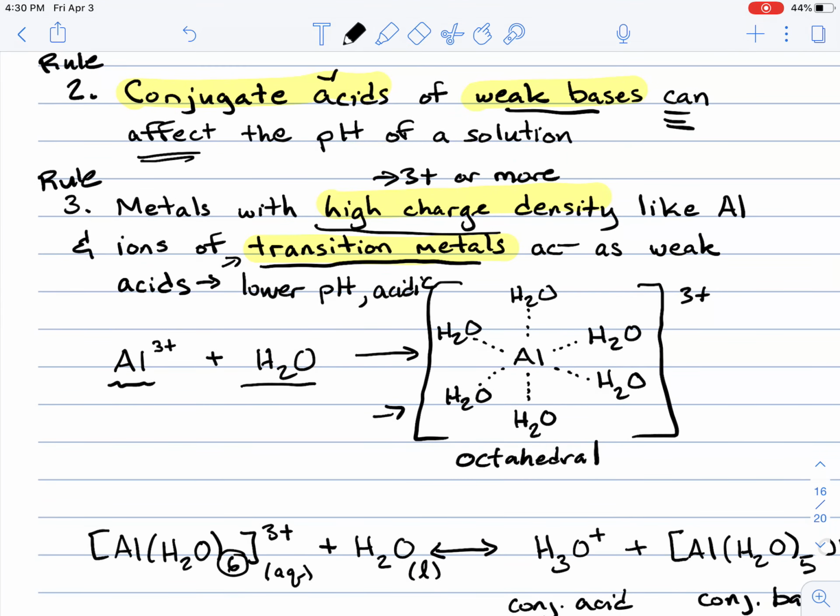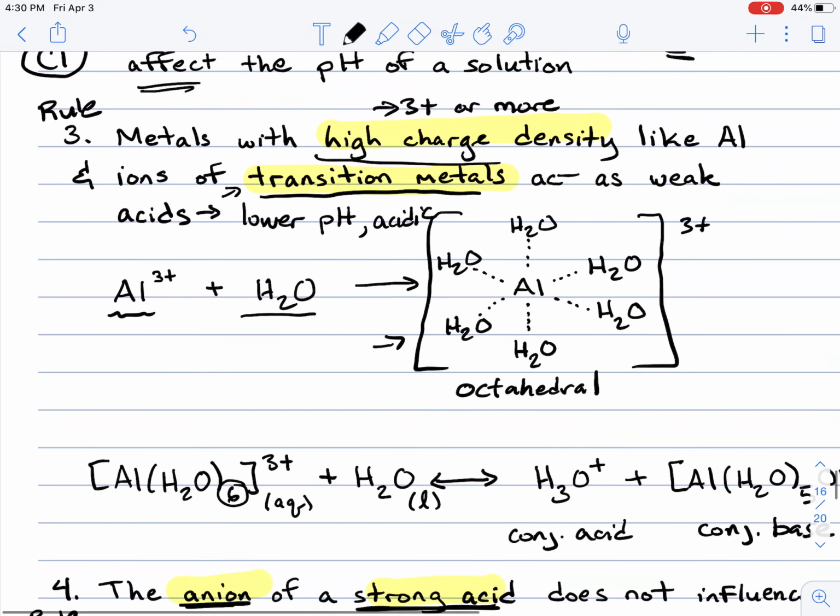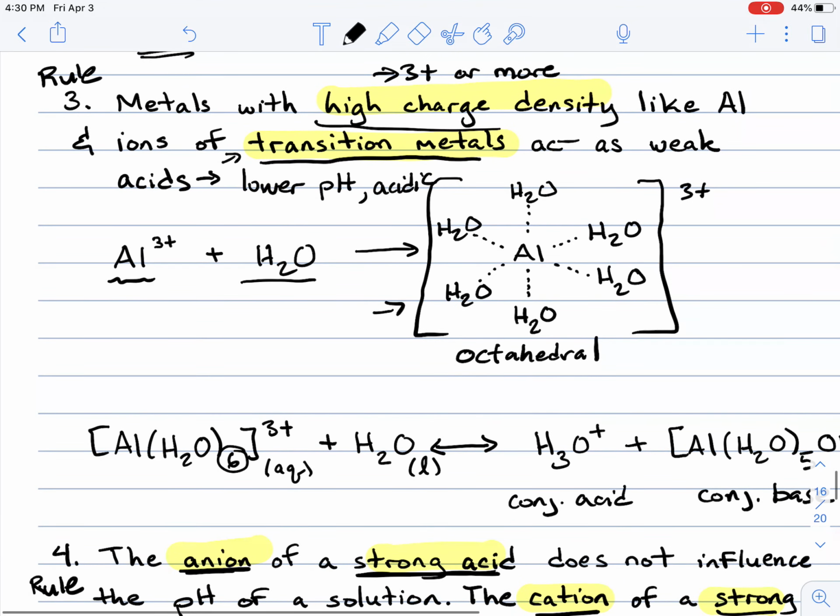Once again, chloride has a negative charge, so it is not an acid. It's going to act as a base. Since it doesn't fulfill the first part of the brief for rule 2, we cannot use rule 2 to determine if it affects the pH of the solution.